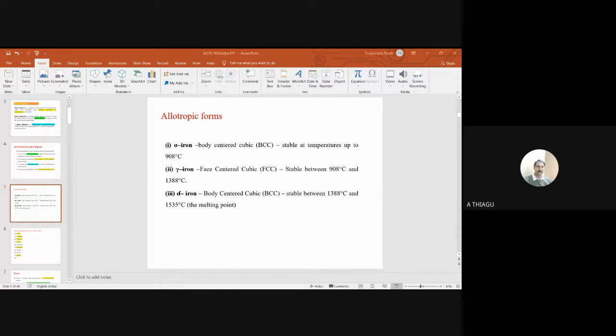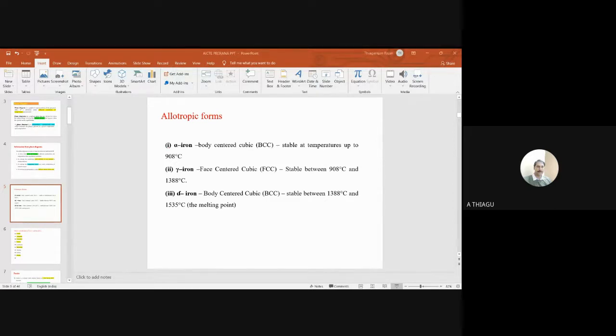Ferrite is a solid solution based on alpha iron having body centered cubic structure. It is nothing but an interstitial solid solution of carbon in iron. Its structure is BCC, body centered cubic structure, and symbol is alpha.